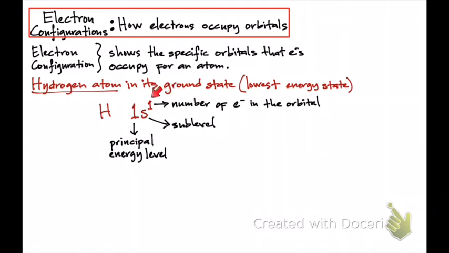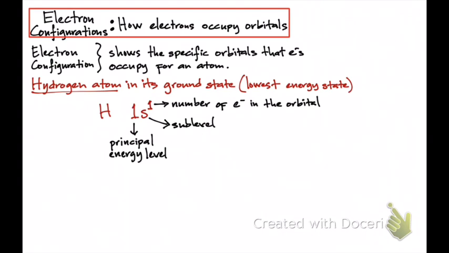The superscript, or the exponent, tells you the number of electrons in that specific sublevel or orbital. In this case, because we only have 1 electron for hydrogen, we put the number 1 up top as the exponent. So this is the electron configuration for a hydrogen atom.